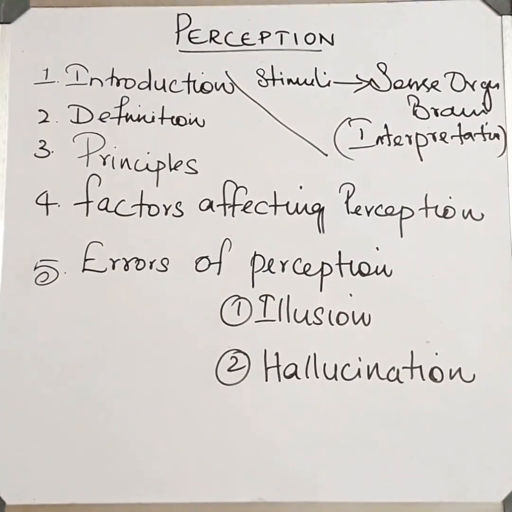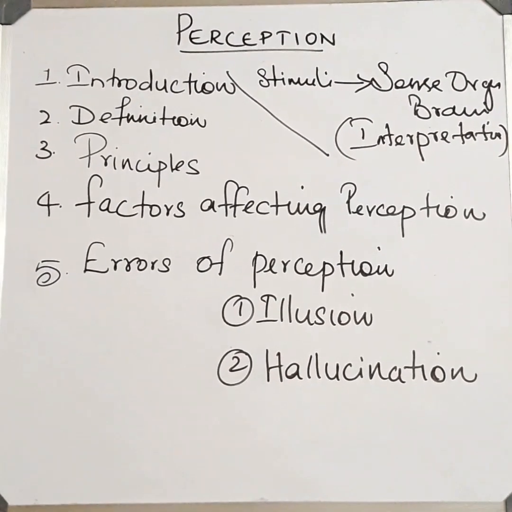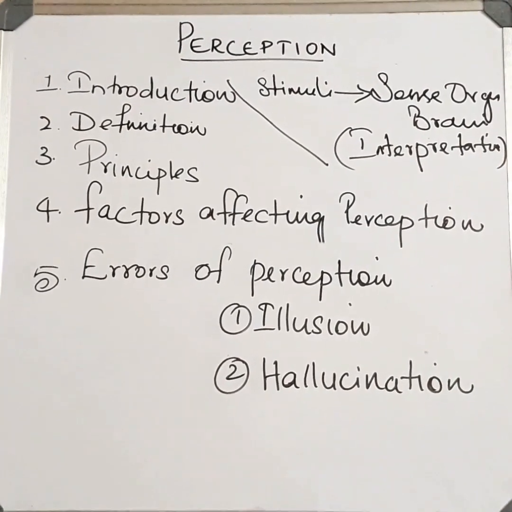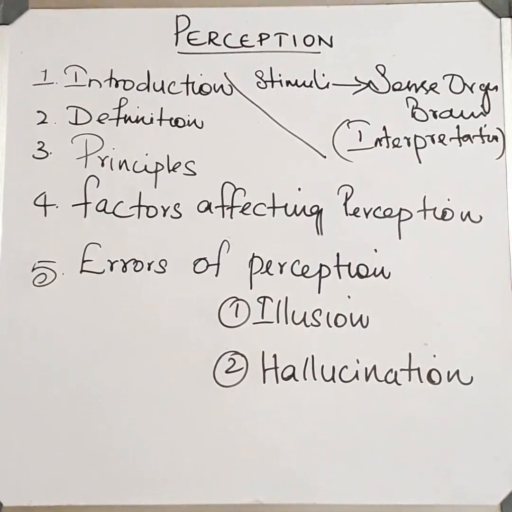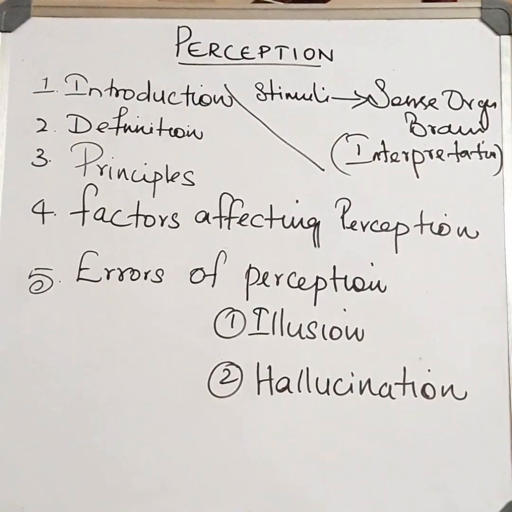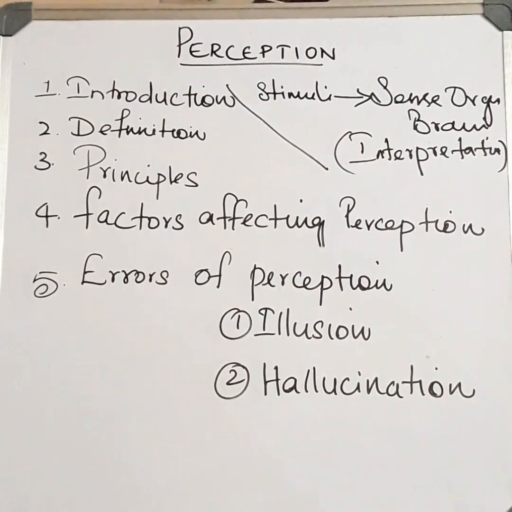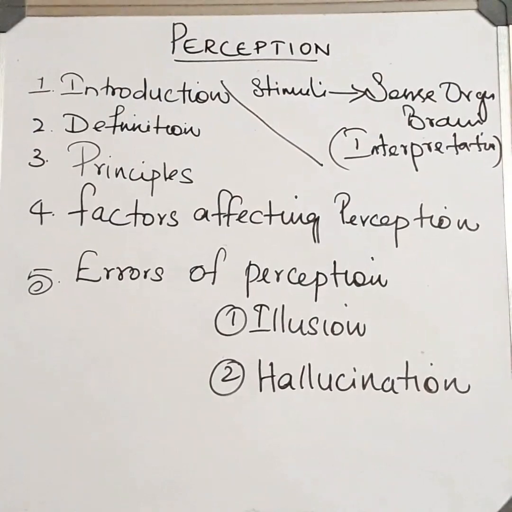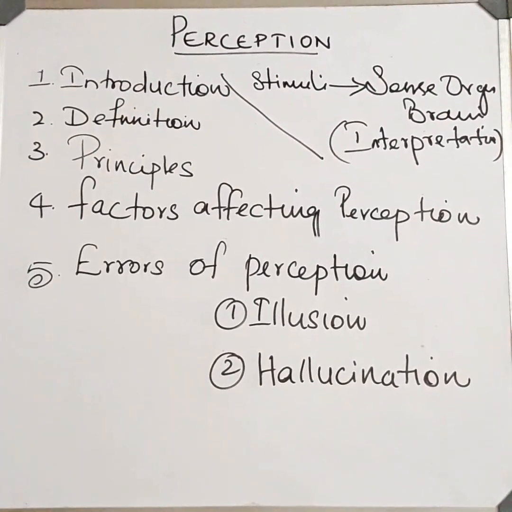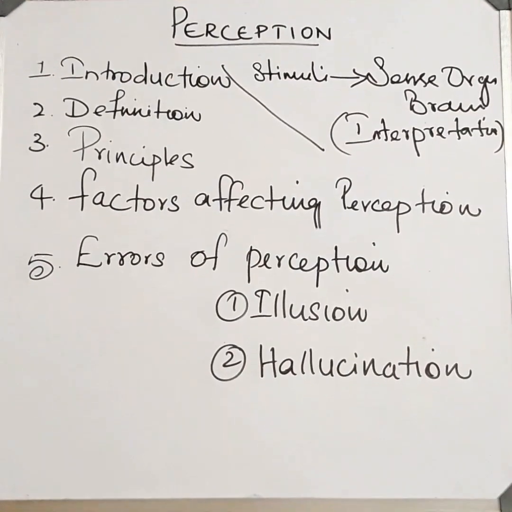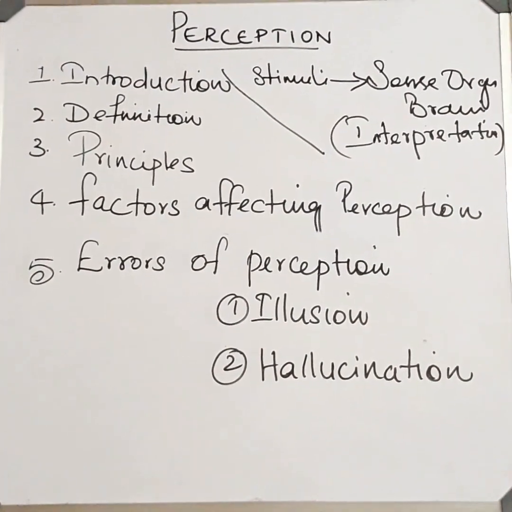Second one is hallucination. Hallucination is imaginary perception. This is entirely different from illusion, in which one sees or hears something that is not seen or heard by others around him. For an example, the schizophrenic patients usually tell they are hearing some voices, somebody is ordering, somebody is saying something.